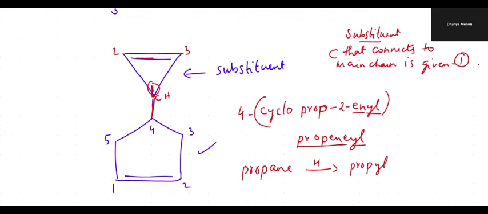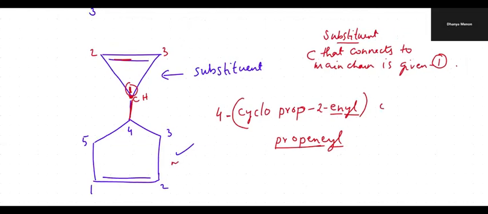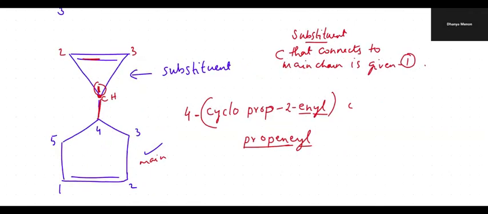This is our substituent. Coming to the main chain, cyclo, this is our main word root, cyclo pent. At what position is the double bond here?